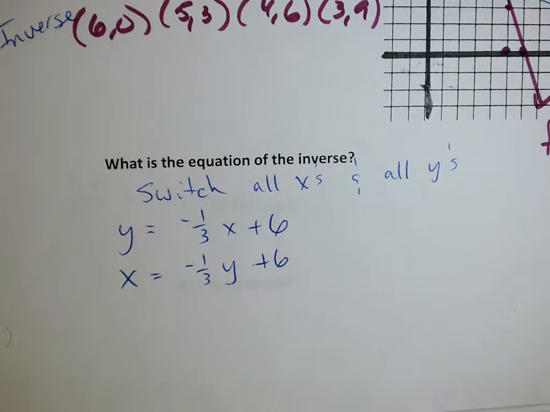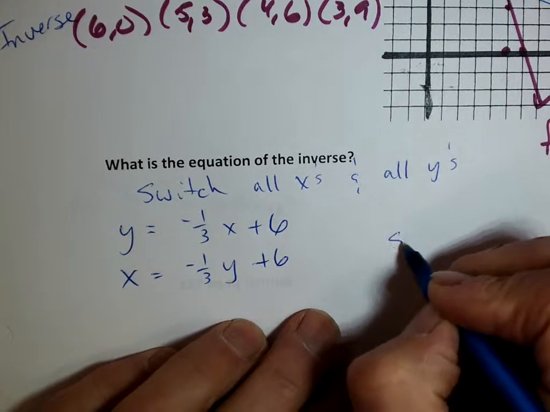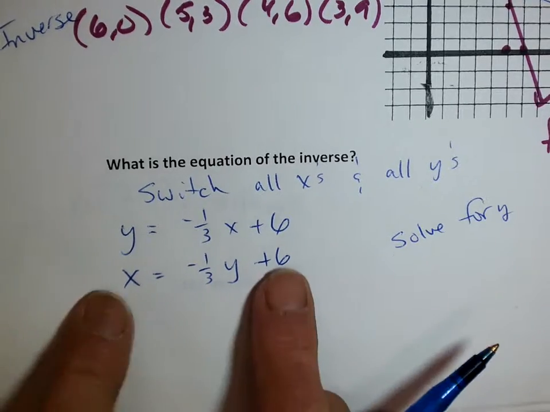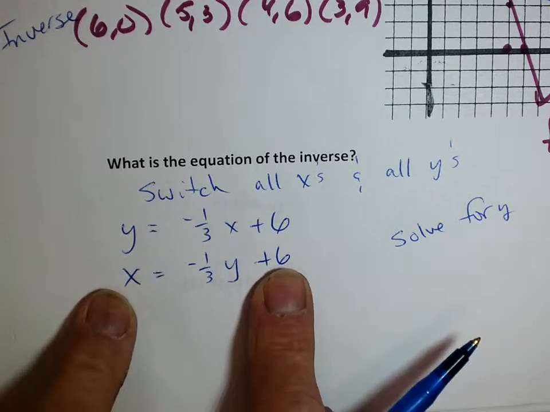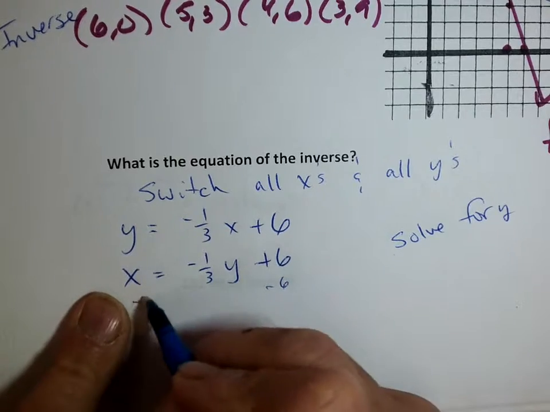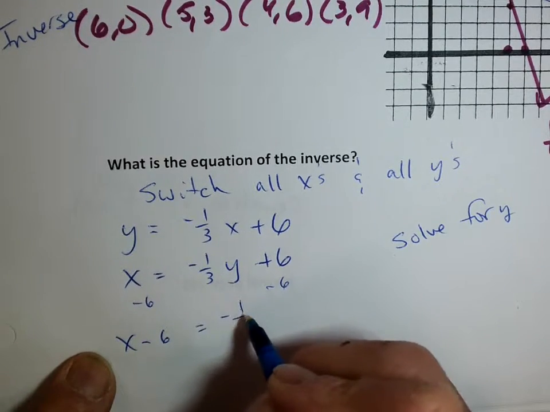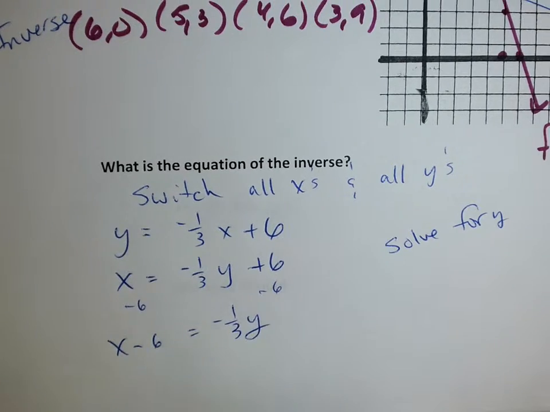Now, all we have to do from here is solve for y, because we need an inverse equation. Minus 6, right? X minus 6 equals negative 1/3 y. I'm going to multiply by negative 3.